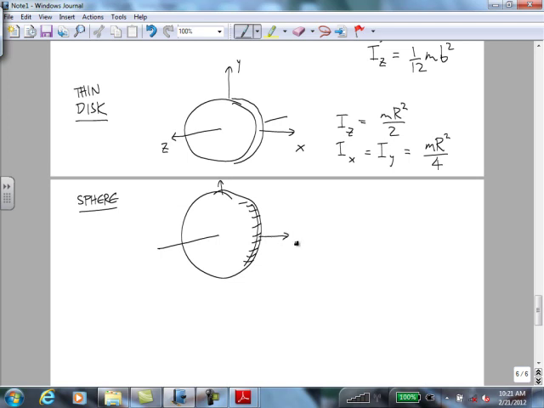And they're all equal to 2/5 m r squared.